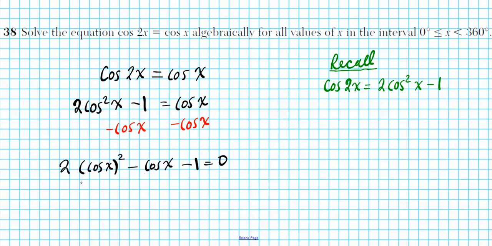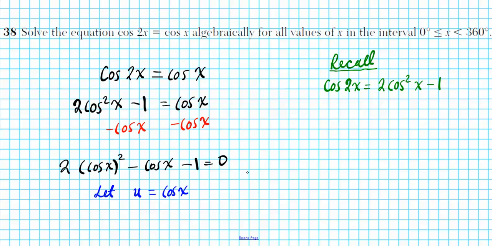Okay, so how do we solve this quadratic equation? Well, this cosine makes things complicated. It's hard to see this as a quadratic equation with cosine there. It's kind of annoying. So to make it less confusing, let's carry out a substitution. Okay, so let, what do we want to use? U. Okay, since x is already taken, let u be cosine x. Okay, so if we use cosine x, check this out.